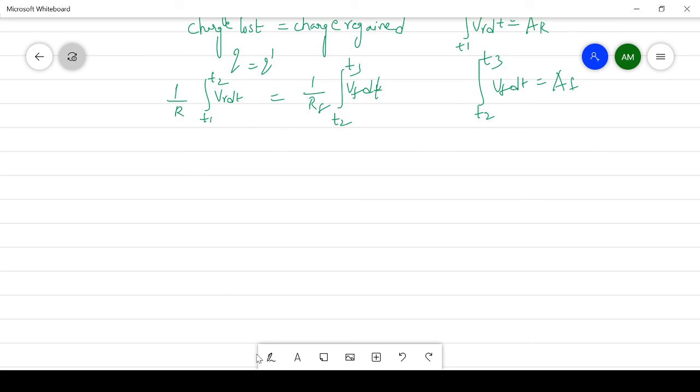So 1 by R times AR is equal to 1 by RF times AF.